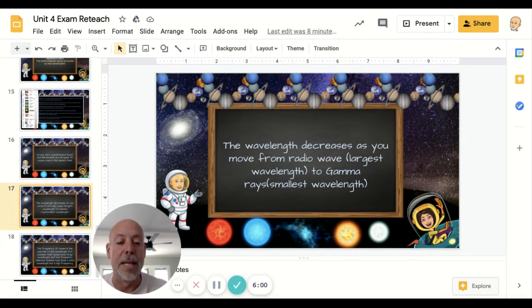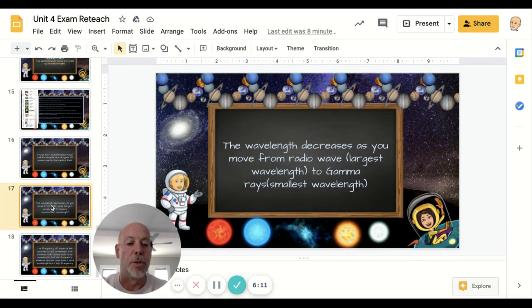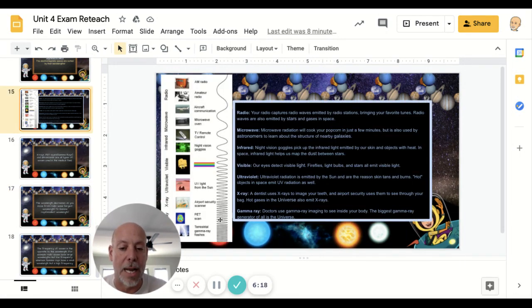The wavelength decreases as you move from radio waves, which have the largest wavelengths, to the smallest rays. Look how tiny the gap is between the waves.